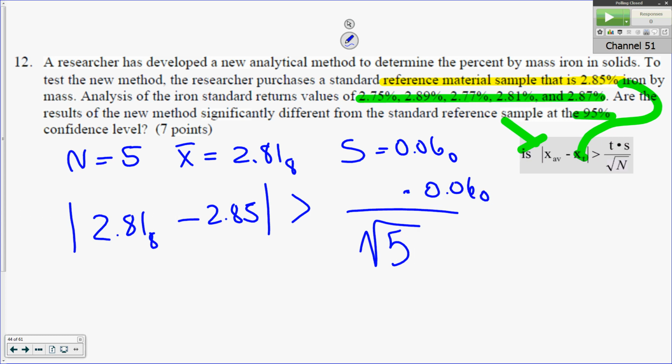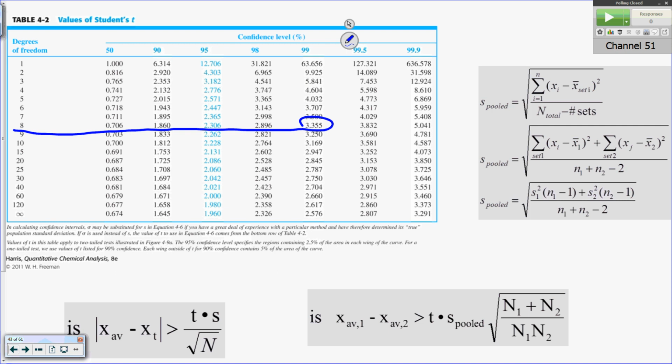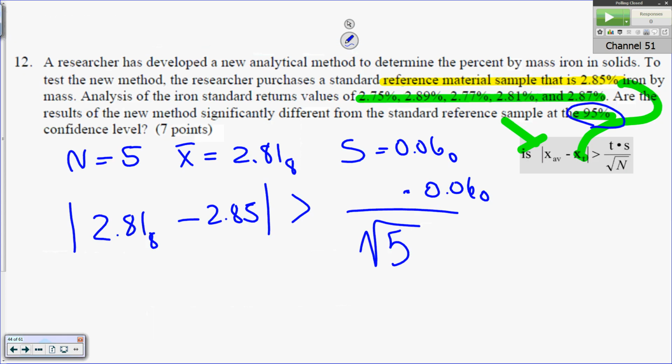Now I have to go back to my t table, 95%. How many degrees of freedom? 4. There are 5 data points, but there's 2 sets, so 4 degrees of freedom. At 95%, it's 2.776. So let's do some subtracting.